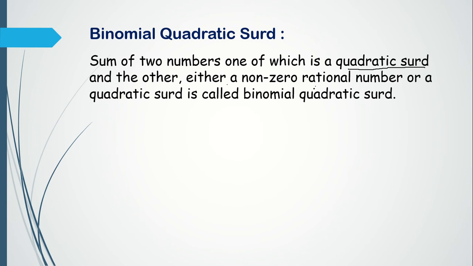It can be a rational number, but it has to be non-zero. It shouldn't be a 0. Zero means there is nothing. There has to be some number. So some rational number has to be there, or a quadratic surd. It is called a binomial quadratic surd.